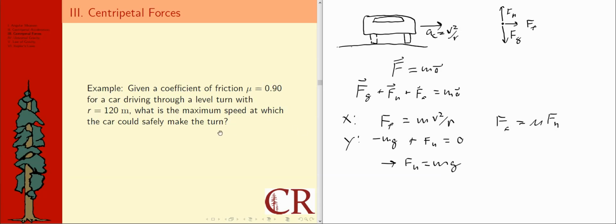However, the question says the maximum speed at which the car could safely make the turn. So in writing this equation, I've already assumed that we are at the maximum traction possible, which makes intuitive sense to correspond to that maximum speed. I'm recognizing that when I wrote this equation, I made some assumptions, but they are in alignment with what I am told.